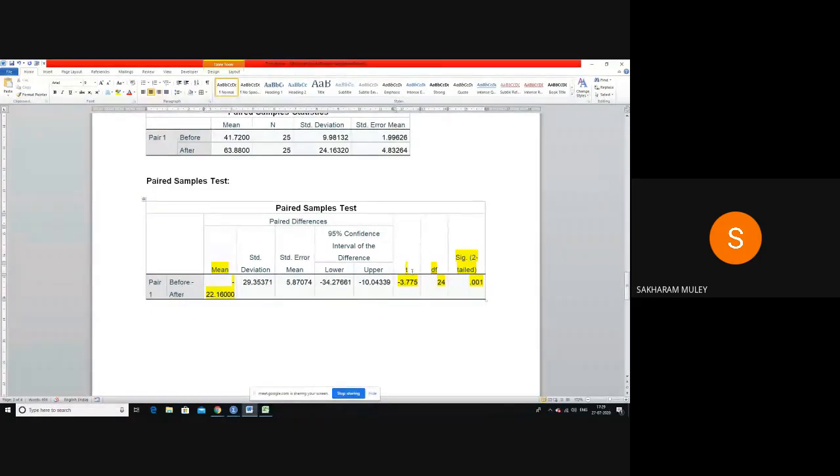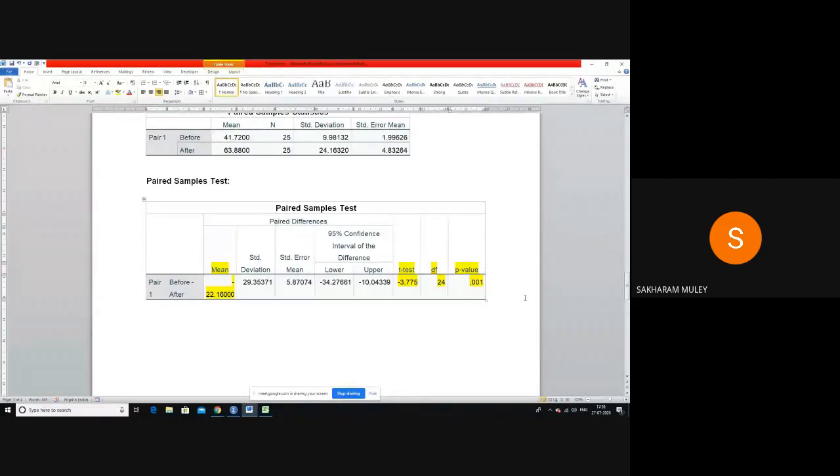So we have the t-test value, degrees of freedom, and this value, the two-tailed p-value. So let us call it the p-value. Degrees of freedom in the case of independent t-test is 25 minus 2, so it is 23, and in the case of paired sample it is 25 minus 1, so it is 24.